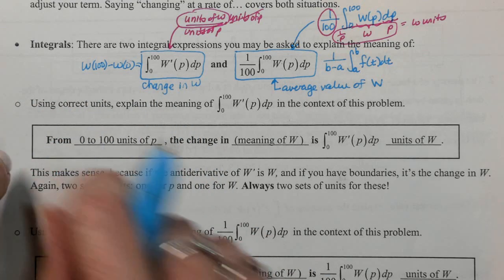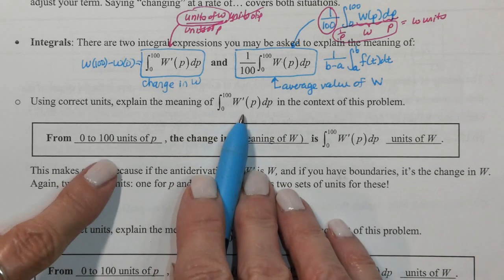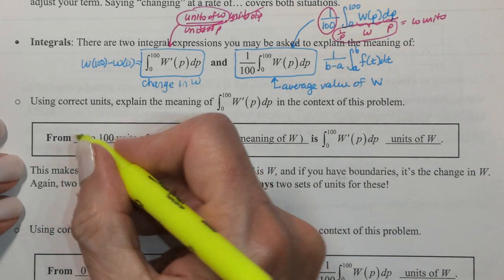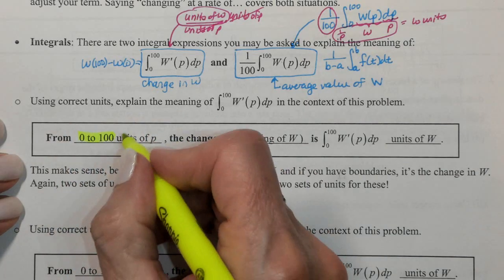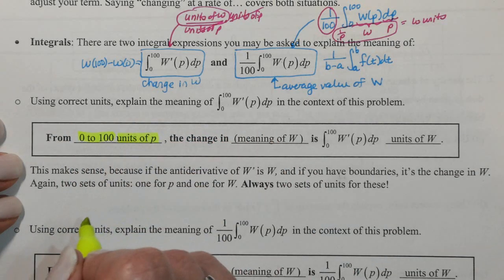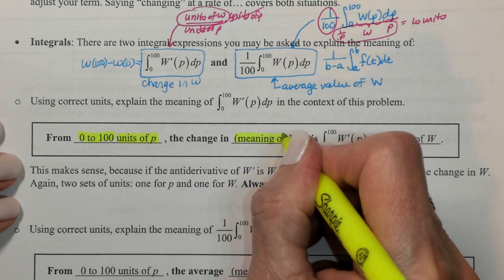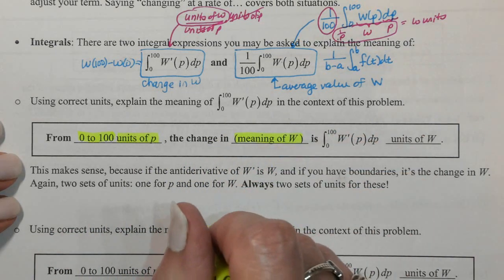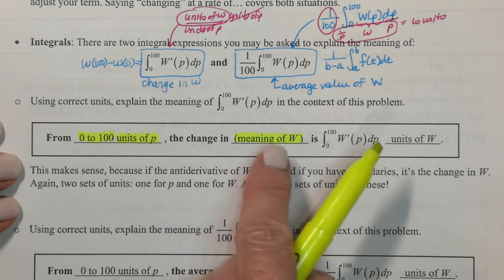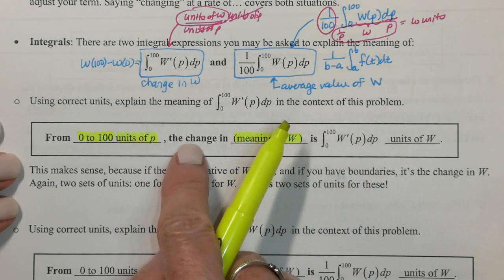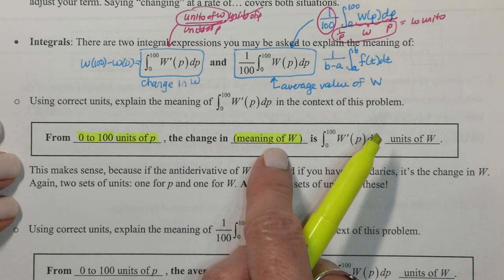Okay? So for the meaning of that first one, from 0 to 100, and then whatever your P units are, the change in W, only we don't write W, we write the meaning of W. The change in the height of the tree. The change in the temperature of the water. The change in the amount of oil in the tank.